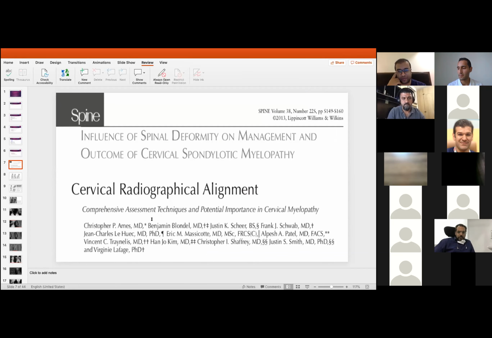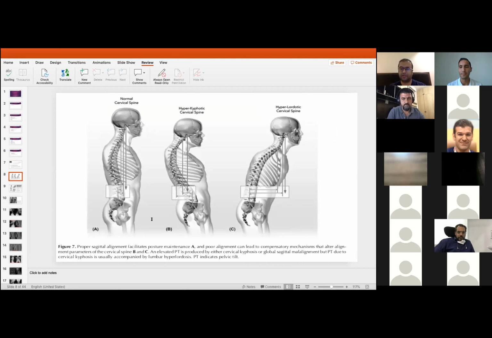This is a really good paper reviewing the importance of cervical radiographic alignment to decide the relation between the pelvic incidence and the lumbar lordosis, but also to consider the cervical lordosis as an important thing.